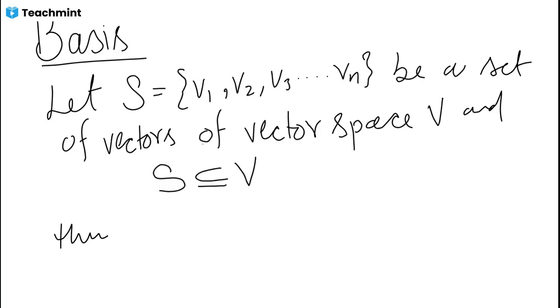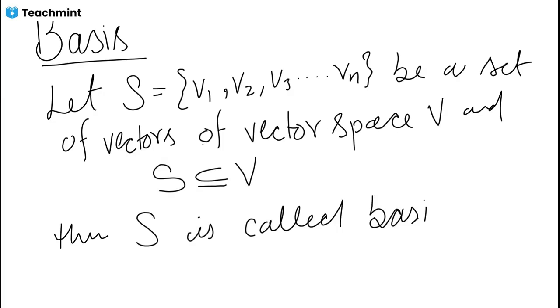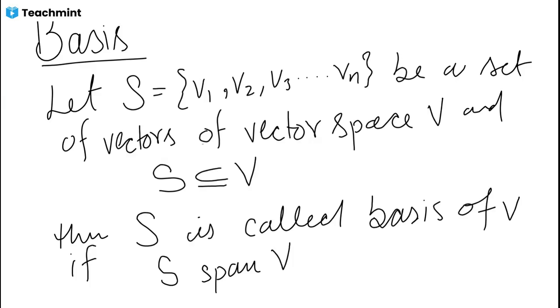Then S is called a basis of V if S spans V, meaning S forms the span, or this can be expressed as span of S is equal to V. It means all of those linear combinations from the vector space are equal to the vector space.